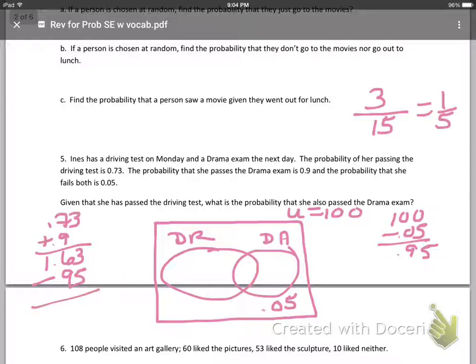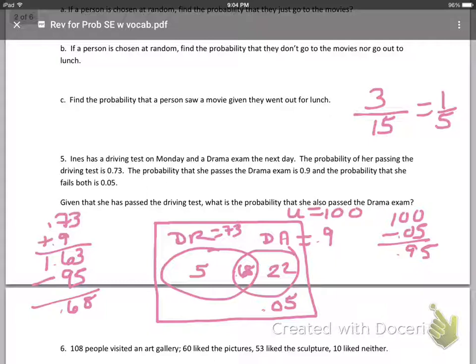So 1.63 minus 0.95, and I get 0.68. And so that's what the both is, 0.68. All right, now the probability of passing the driving test is 0.73. So this is 73. So 73 minus 68 is 5. And this is 0.9. So 90 minus 68 is 22.